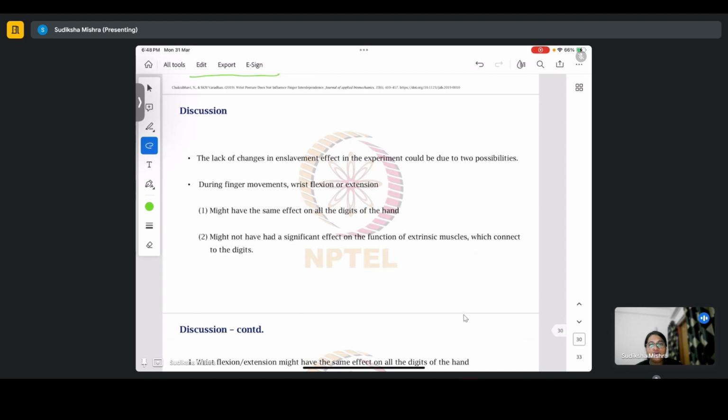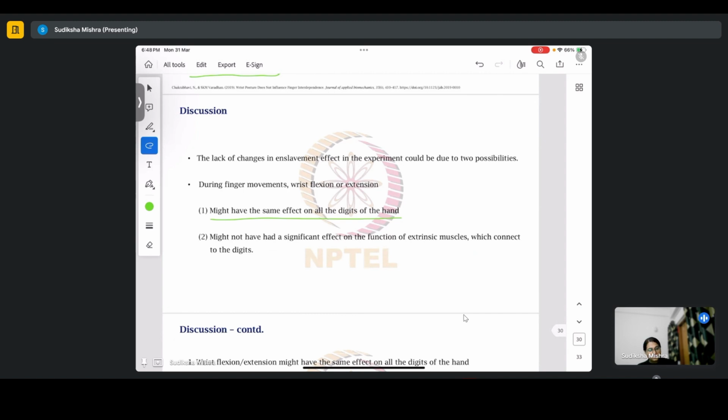Essentially there was a lack of changes in the enslavement effects, and this could be due to the wrist flexion and extension having the same effect on all the digits of the hand, which is not true because the system is not symmetrical.